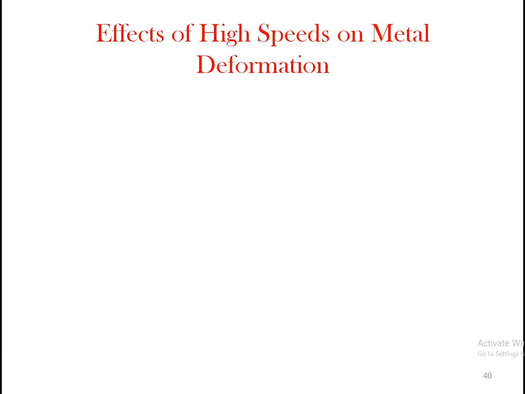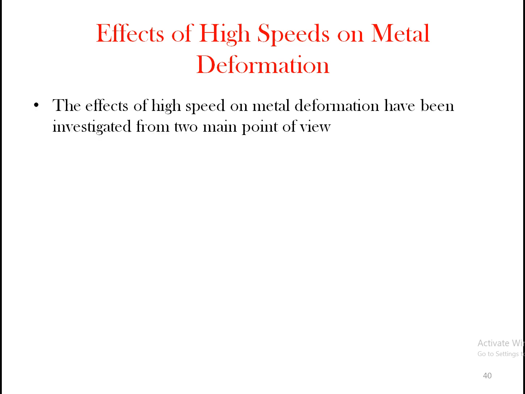So the metal should be ductile, and the yield stress should be lower so that it can move to the plastic limit. At the same time, the material should have high strength as well. Now, how is this achieved in high speed, when the velocity is increased?